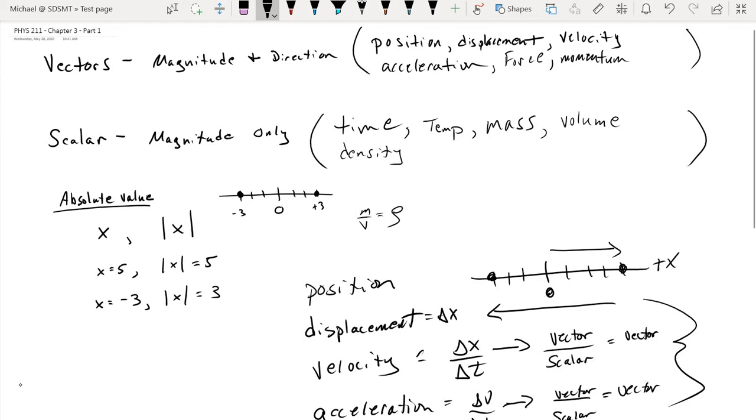Something else that we can put into these collections, energy would be a scalar. Energy does not require a direction. And related to energy is a term called work.